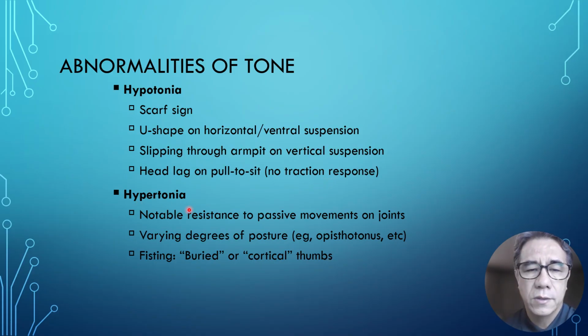Hypertonia, or increased tone, is elicited by passive movement of the joints with significant resistance to movement, with varying degrees of posture, including opisthotonus and flexor contractures, sometimes involving the wrist, the elbows, the shoulders, hip joints, ankle joints, and even the knees.